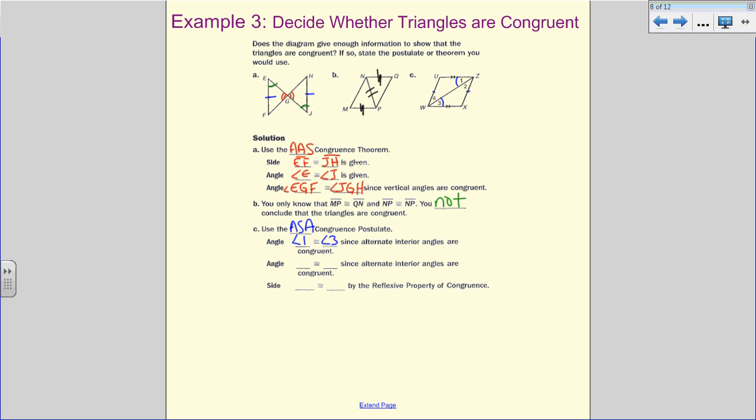They are alternate interior angles. I have angle 2 congruent to angle 4. And then we have this reflexive property of this shared side of WZ being congruent to WC. So there's my reflexive property. These are two angles with the included side.